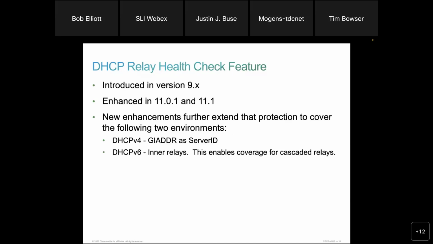So, as I mentioned, there have been improvements in the DHCP relay health check. This was a feature initially introduced in version 9 of PNR, but it's an enhancement to failover. If you're using failover and a load balanced environment, you can enable relay health check.